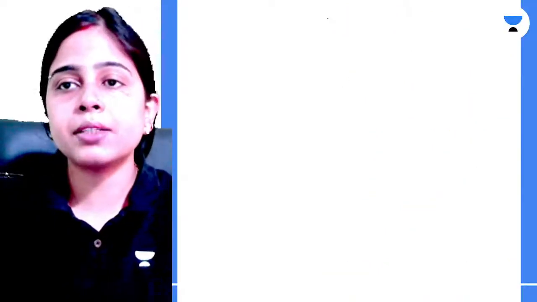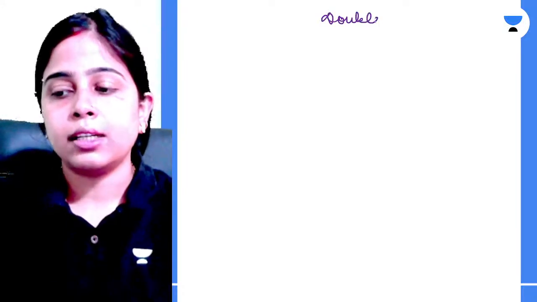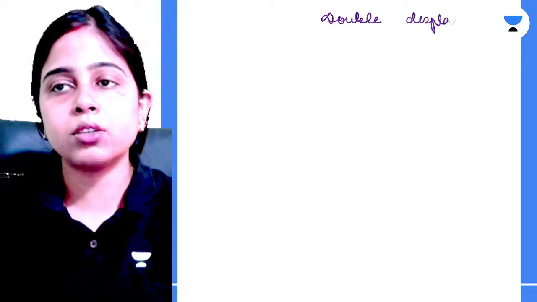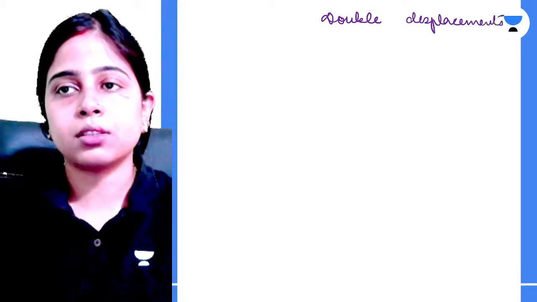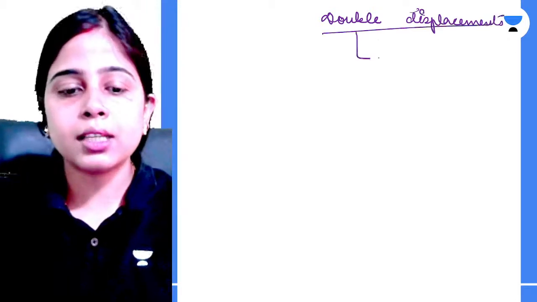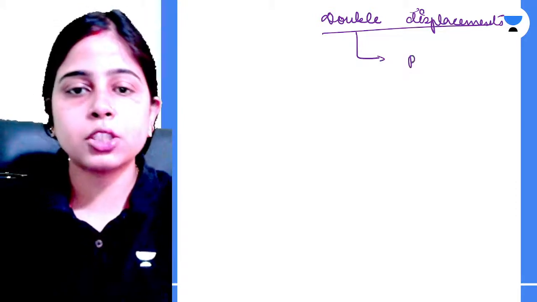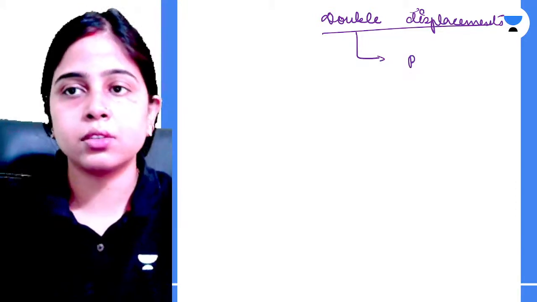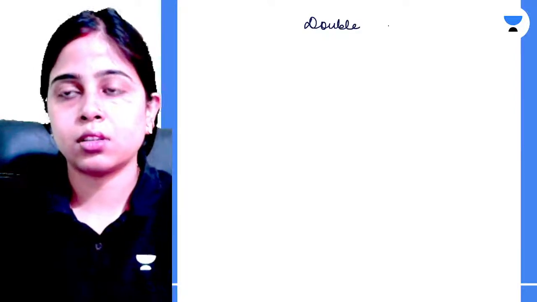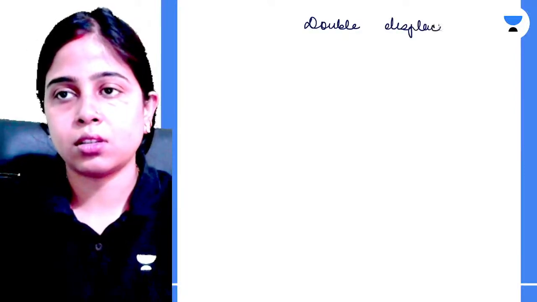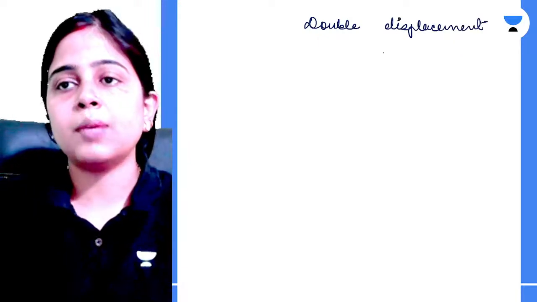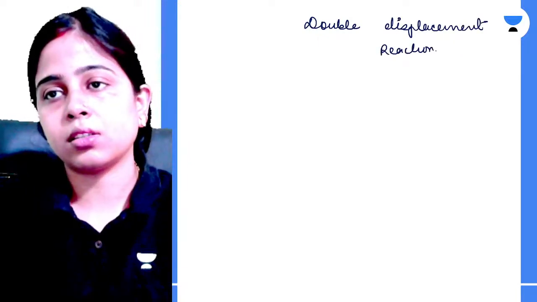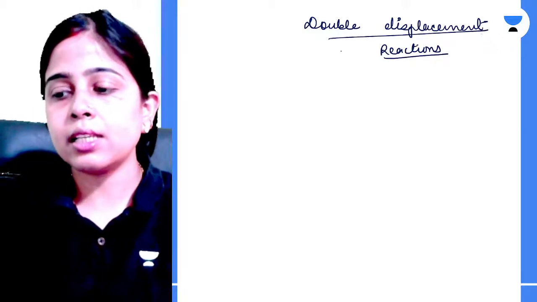Now, double displacement reactions are of two types. ठीक है, double displacement reactions कितने तरह के होते हैं? It is of two types. First is your precipitation reaction. Let me write it properly for you. Double displacement reactions are of two types.